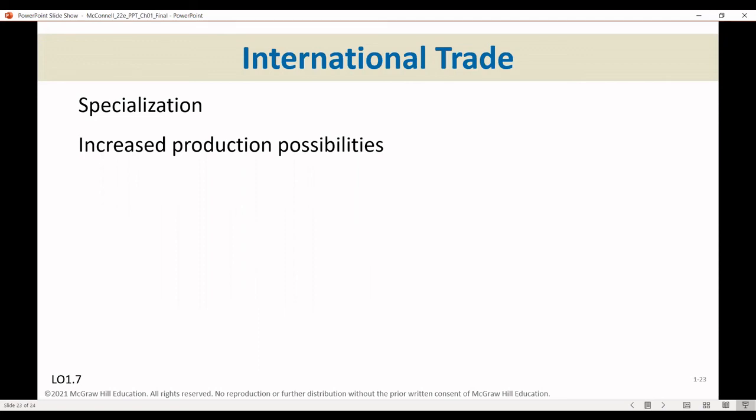If you want to produce anything related to capital, the capital already exists in our economy, so you can produce it here. But if you want to produce anything that is labor related, manpower related, you want to produce in an area where labor is available to you, like China. Anything related to land, you want to produce in Africa or in Mexico because there's plenty of land over there. Doing all those things will increase your production possibility.